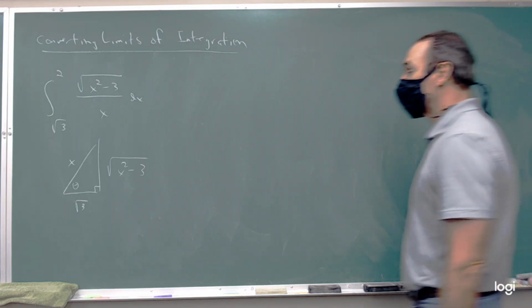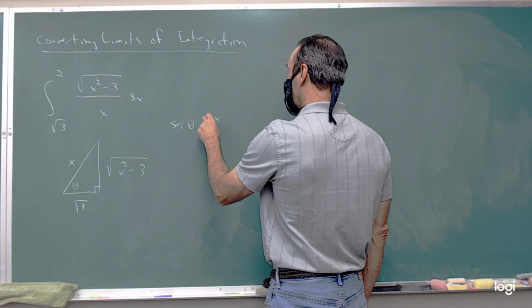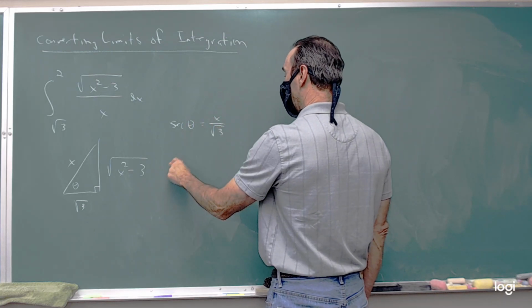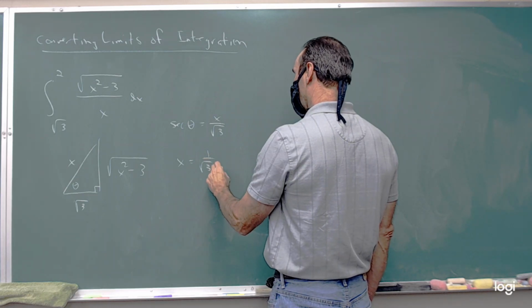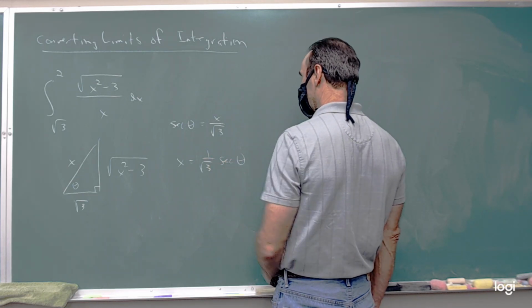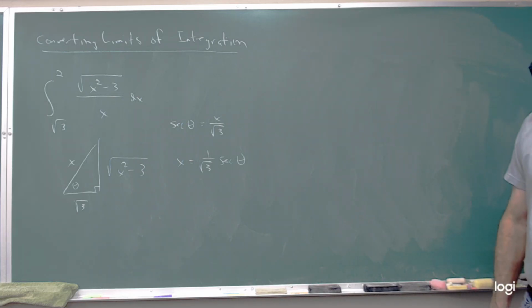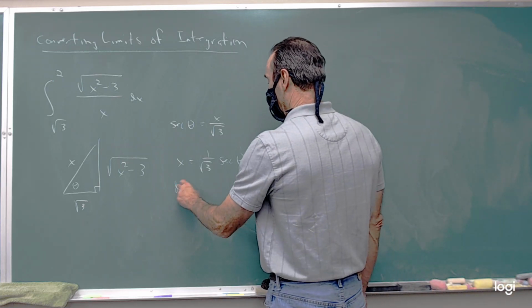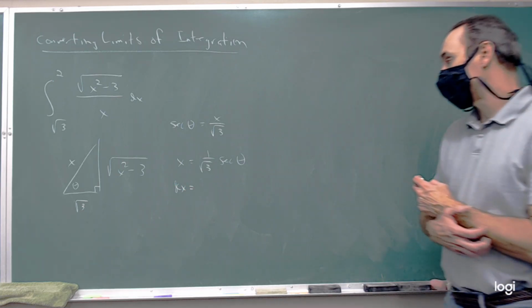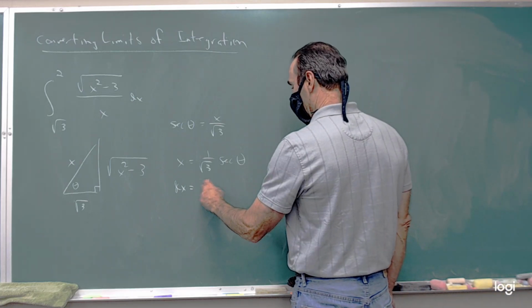Okay, so then we can say that secant theta is x over the square root of 3. So x is going to be 1 over square root of 3 secant theta. So that will make dx. Good.